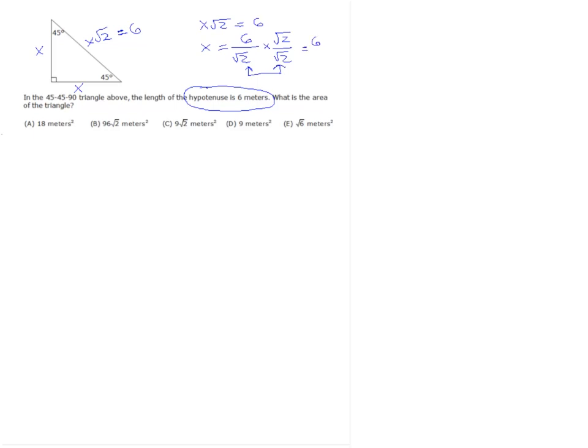So now all of a sudden your value of x is this, and if you simplify it down, you get x to equal 3 root 2. So notice, and I'll change the color here, x is 3 root 2 here, x is 3 root 2 here, and it's a grand total of 6 here.